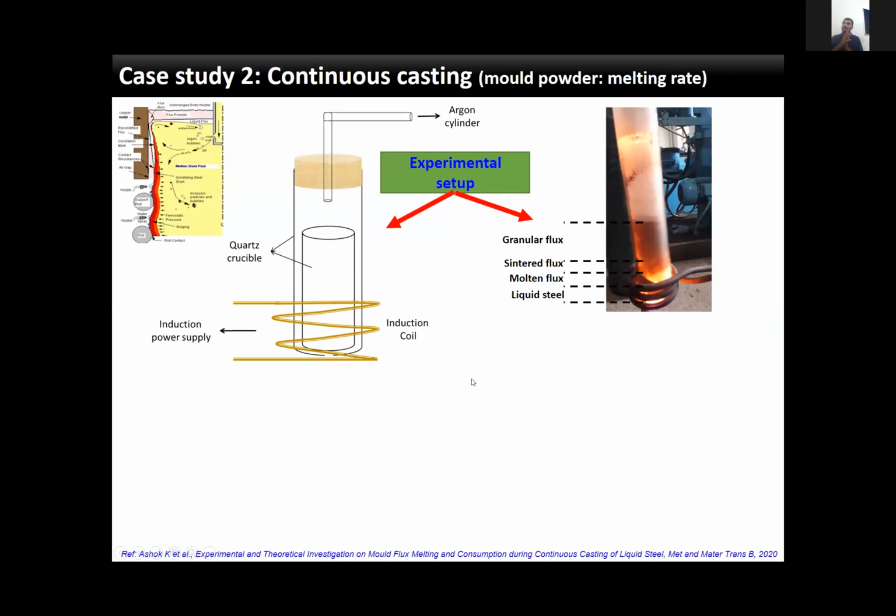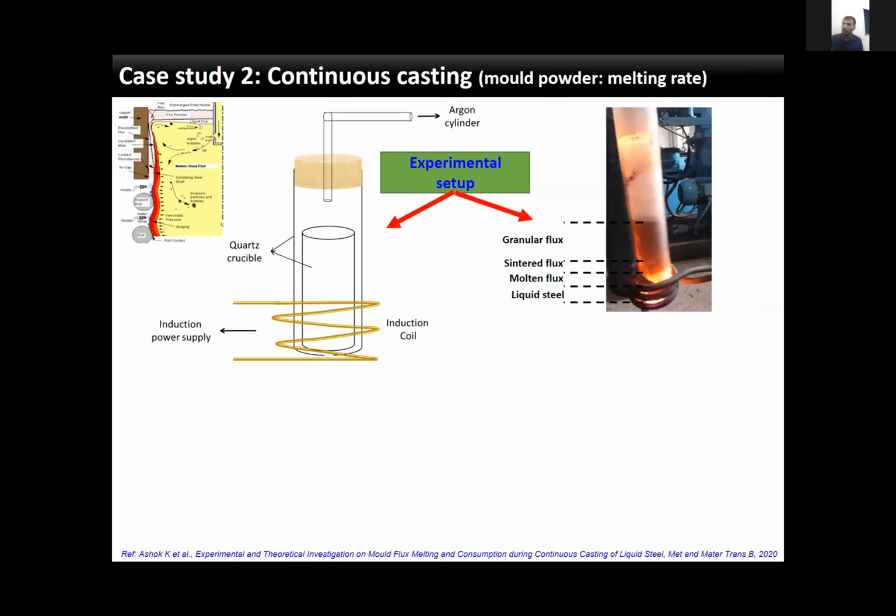So the first experimental setup is something like this. We have taken it to study the melting rate of the mold flux. We have taken an induction coil, where the crucibles are kept inside, and the liquid steel is first generated. Under the electromagnetic induction field, only the ferro materials will heat up.